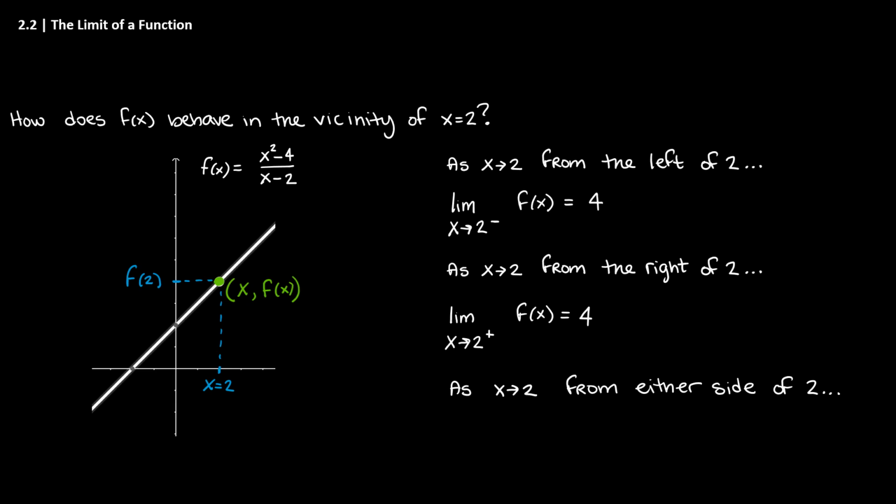Now here, notice that our left and our right limits are equal to each other. The left limit is 4, the right limit is 4. So we really don't need to specify whether we started on the left or the right-hand side of x equals 2. We could generalize and say as x is approaching 2 from either side of 2, our function outputs are tending to 4.